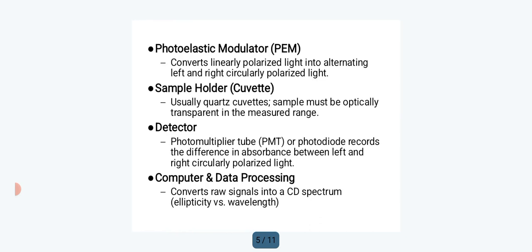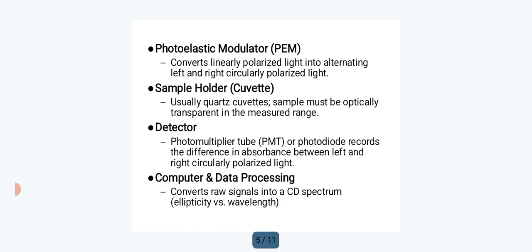And the next one, the photoelastic modulator, that is PEM. The PEM converts linearly polarized light into alternating left and right circularly polarized light. Next, the sample holder, that is the cuvette.